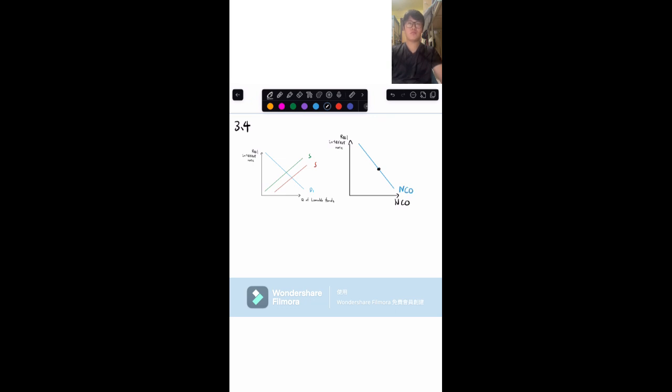With lower interest rates from question 3, returns on Taiwanese assets fall, making them less attractive to foreign investors. Taiwanese investors seek higher returns abroad, increasing net capital outflow. A decrease in real interest rates leads to a movement along the NCO curve to the right, so it will increase the net capital outflow.